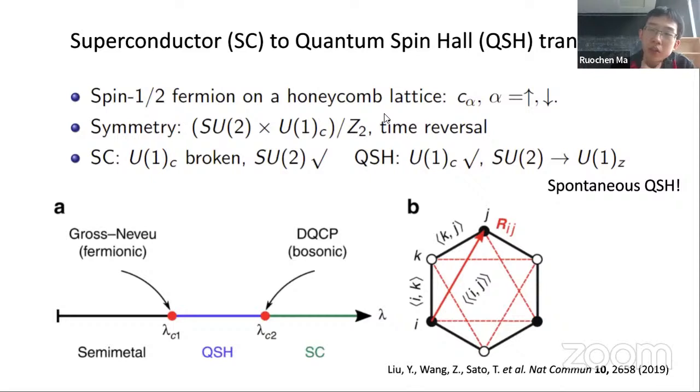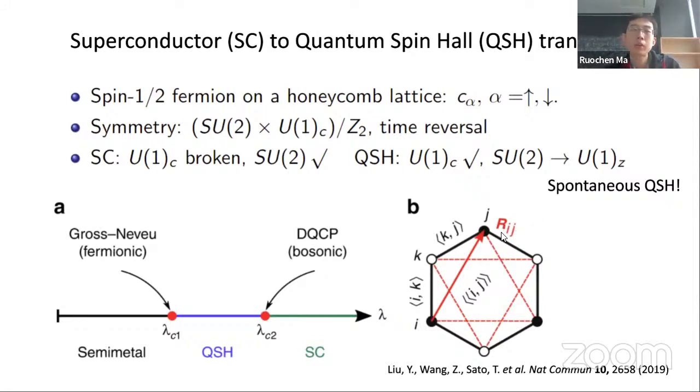To be concrete, you may imagine a fermion hopping problem on a honeycomb lattice. Again, it does not have to be a honeycomb lattice, but previous numerical studies tell us that on a honeycomb lattice, you can write down some simple model that does the job to realize this phase transition.